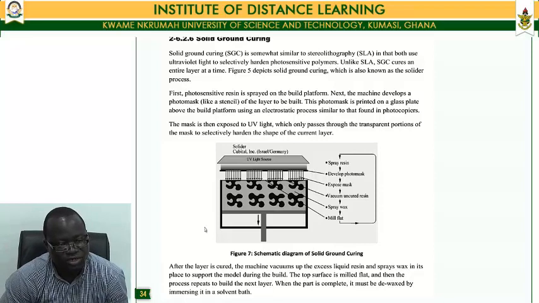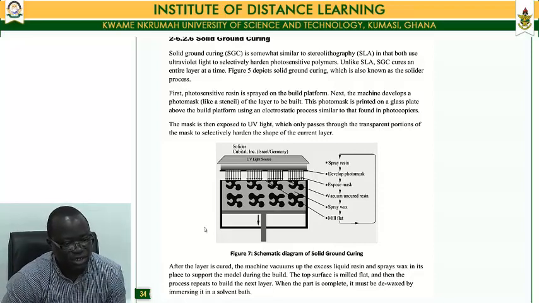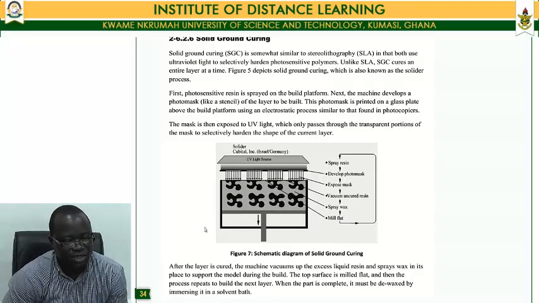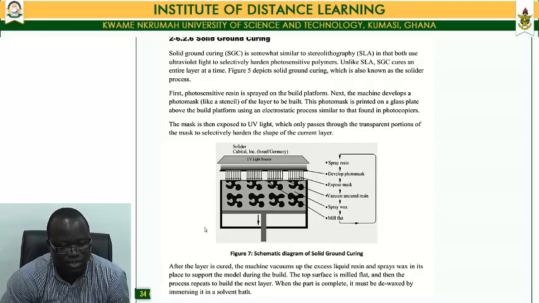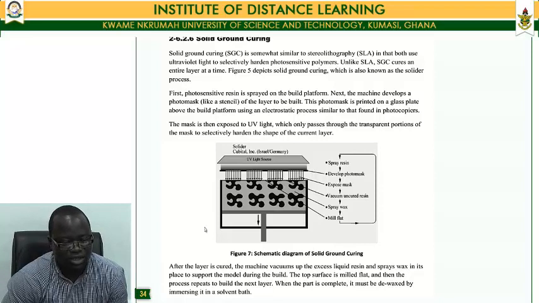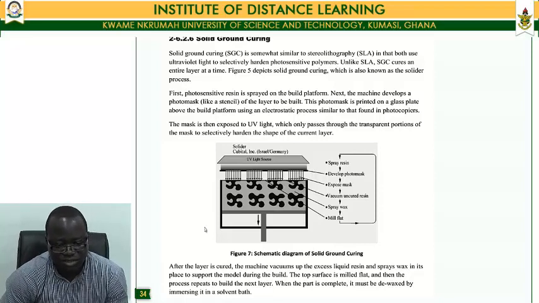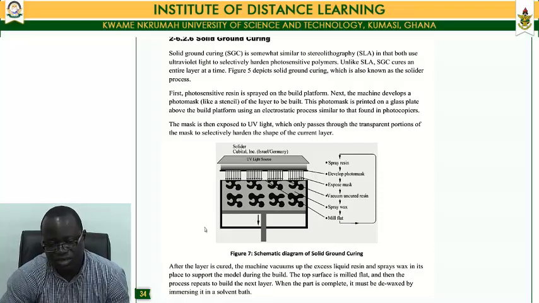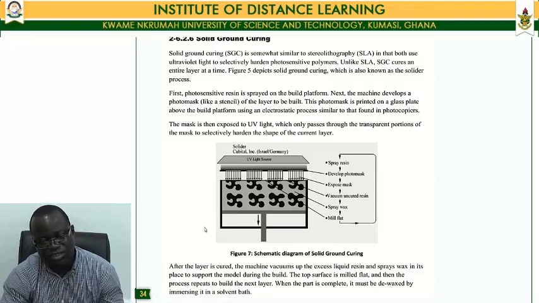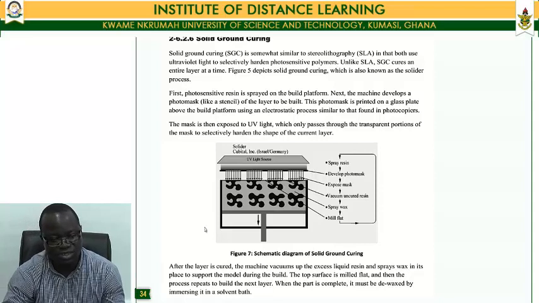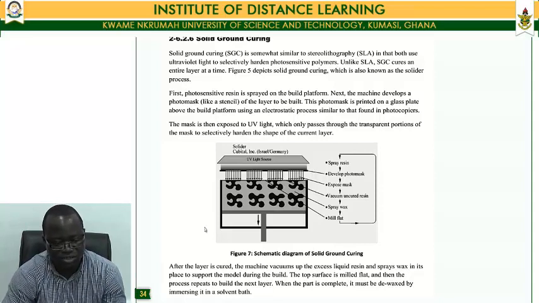Now for solid ground curing, which is the final one, solid ground curing is somewhat similar to the SLA. Now that uses UV to selectively harden the photosensitive polymers. Now, in a nutshell, SGC, which is a solid ground curing technique, is like how the photocopier works.